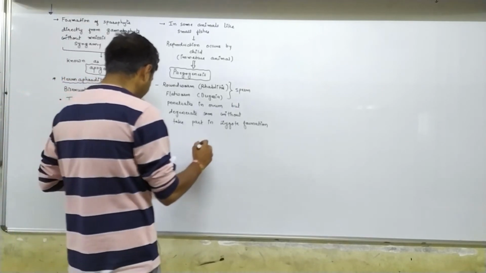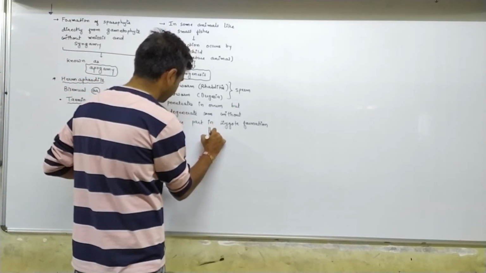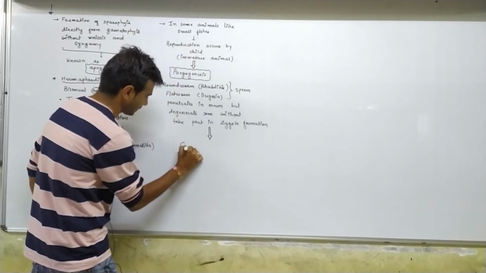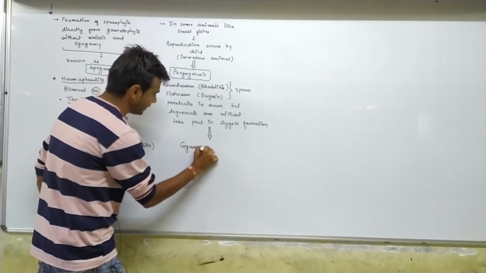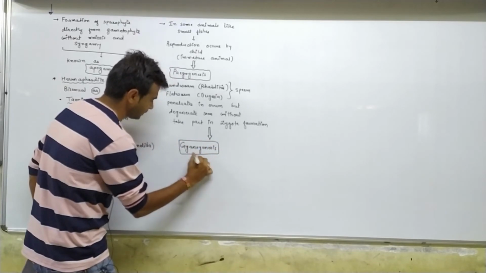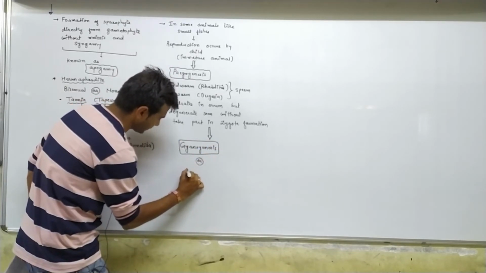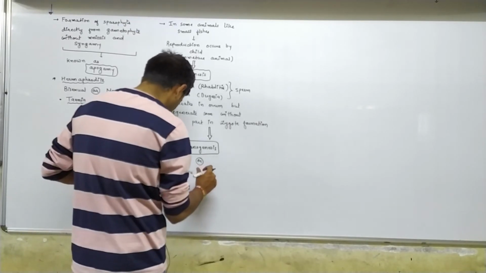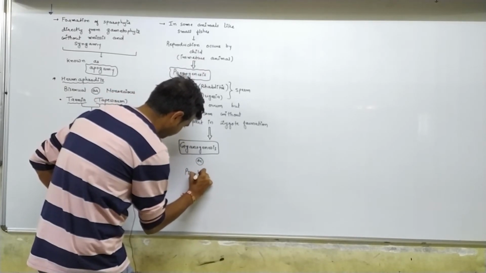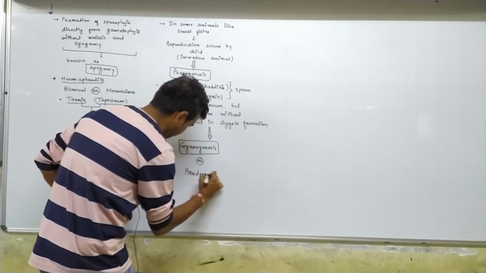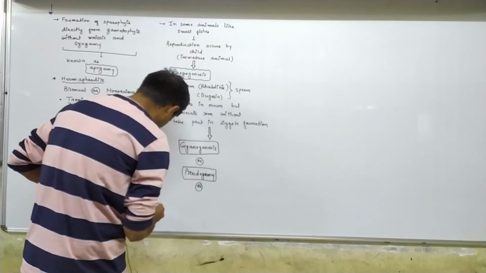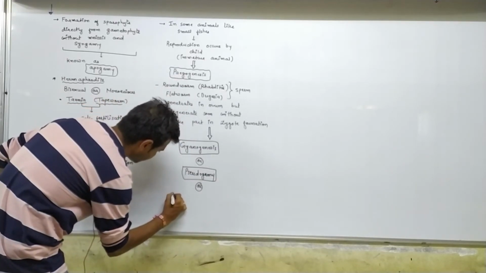That procedure is known as gynogenesis or pseudogamy, or we say partial fertilization.